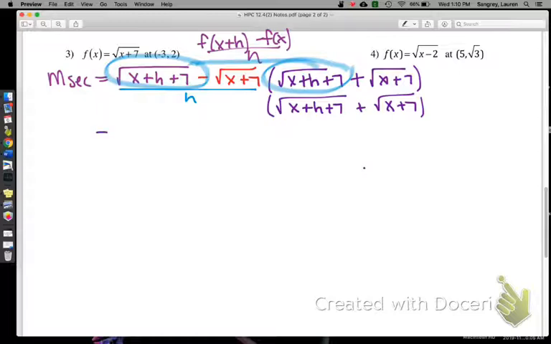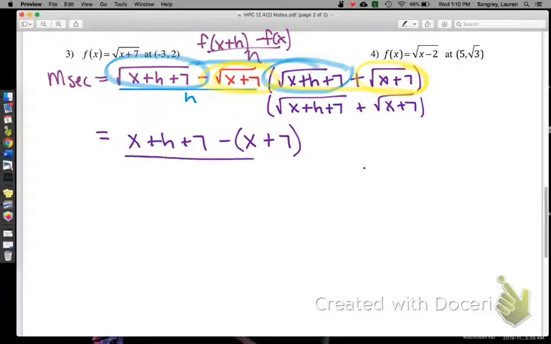Anytime you take a square root and multiply by itself, you're just left with what's underneath. And then you're going to multiply the second term with the second term. And again, taking a square root and multiplying by itself is just going to leave you with what's underneath. Now, just make sure you have parentheses there because you're subtracting that entire quantity, right?